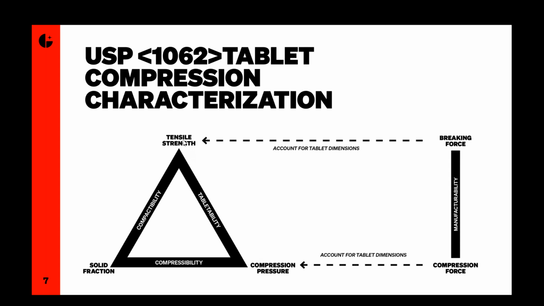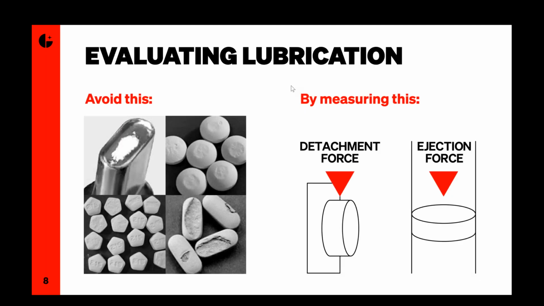But here it is, because we want to get the intrinsic data of the material as opposed to something specific to that tablet size and shape. So that's the compaction triangle and what USP 1062 recommends.